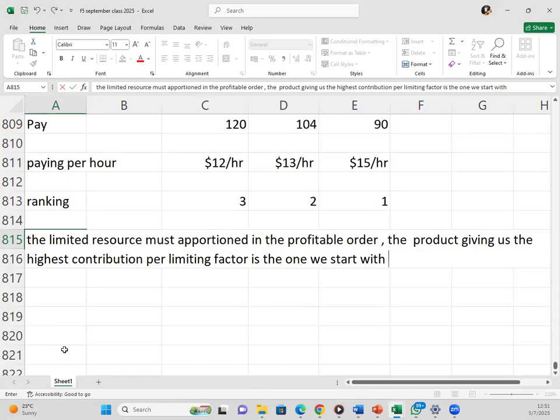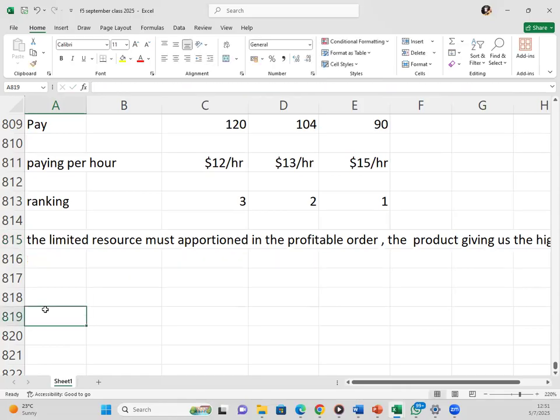So from the example above, you'd rather sacrifice A. If A was a product, you'd rather not produce A and focus on the products that are giving you more profit per limited resource. It means if you were to allocate your time wisely, so if you decide to allocate your time to A, the 10 hours would give you 120.